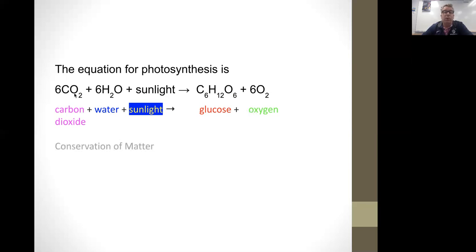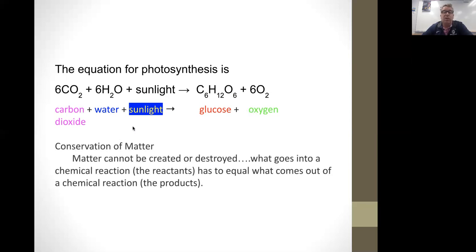And we talk about conservation of matter, where matter cannot be created or destroyed. So what goes into this equation has to come out. So if you do the math, you'll see that there's 6 carbons on this side, 6 carbons on the opposite side, right? So that's conservation of matter.